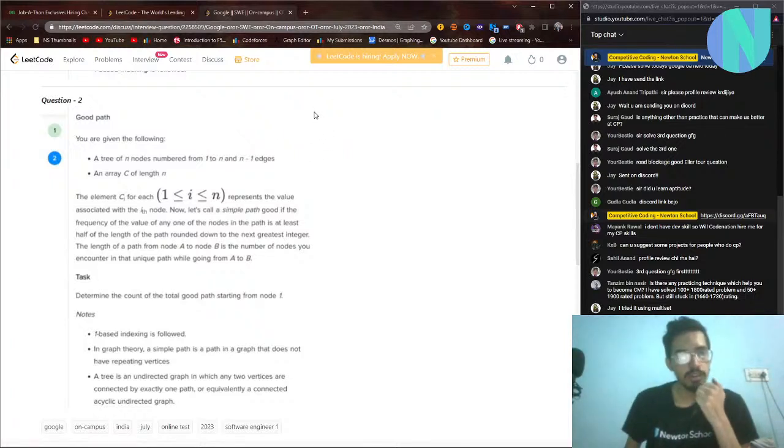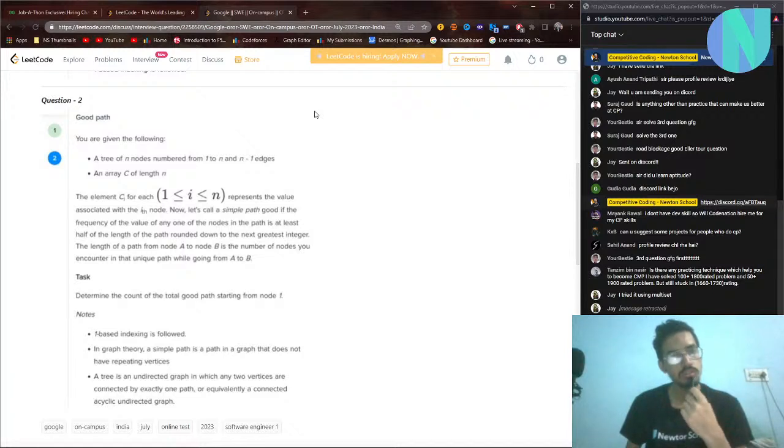You are given a tree of n nodes, numbered from 1 to n, and n minus 1 edges. An array C of length n, the element ci for each 1 less than or equal to i less than or equal to n, represents the value associated with the ith node. Now let's call a simple path good if the frequency of the value of any node on the path is at least half of the length of the path, rounded down to the nearest integer.